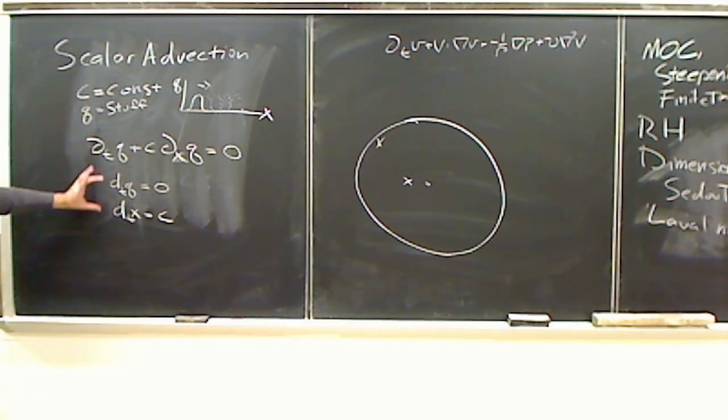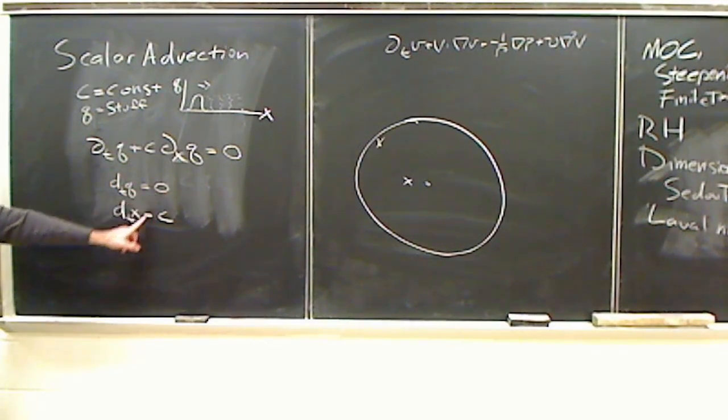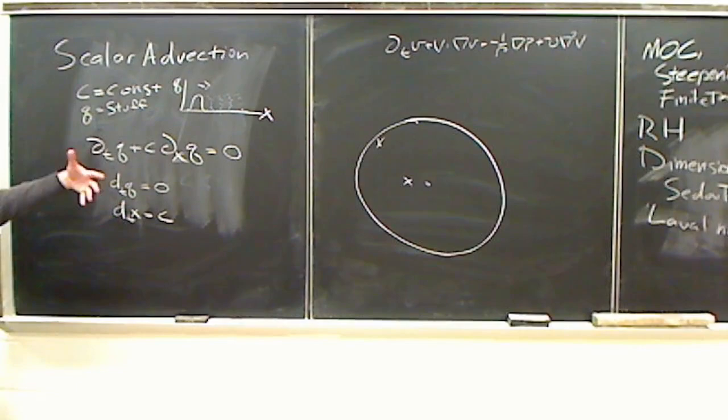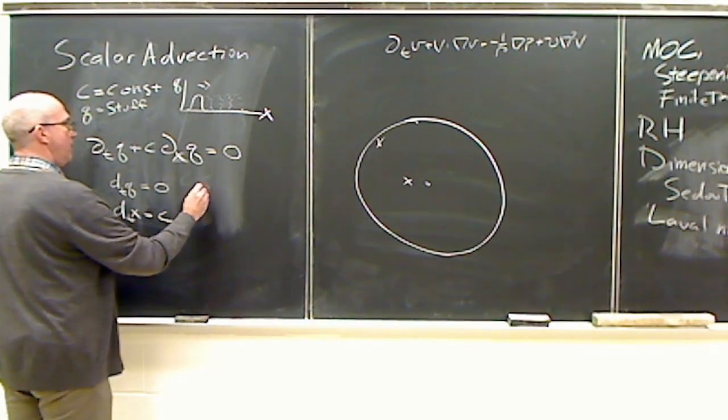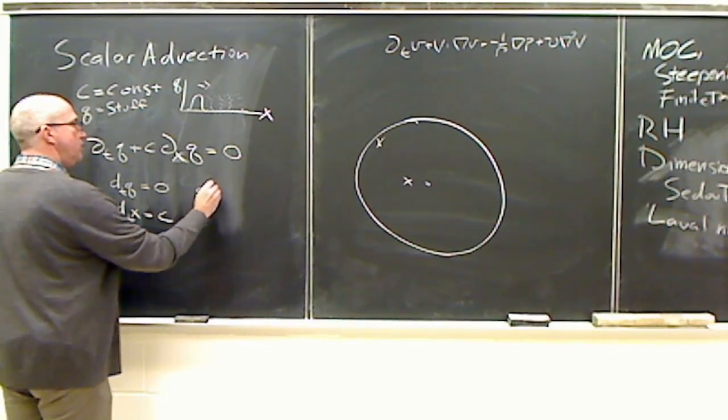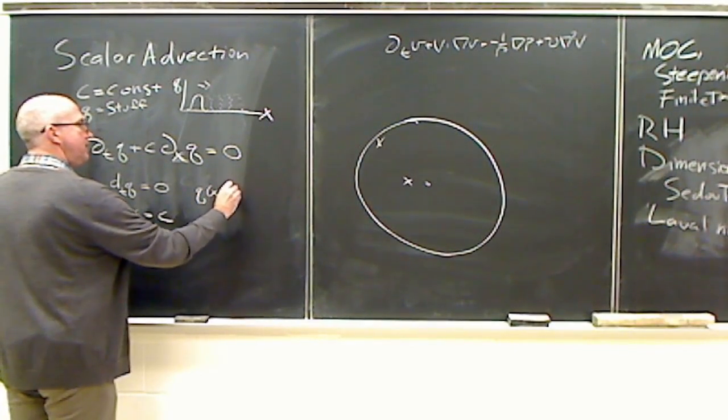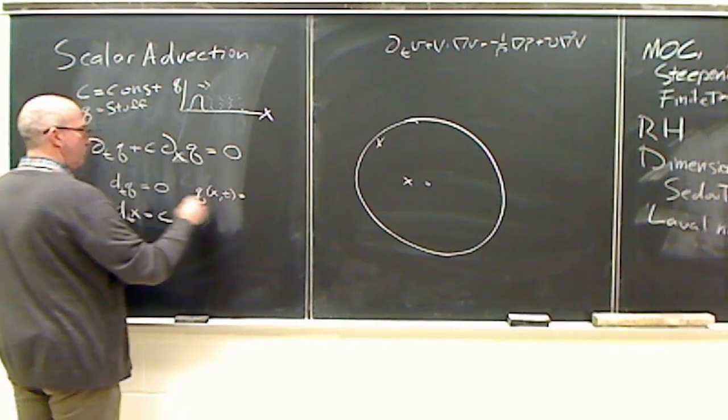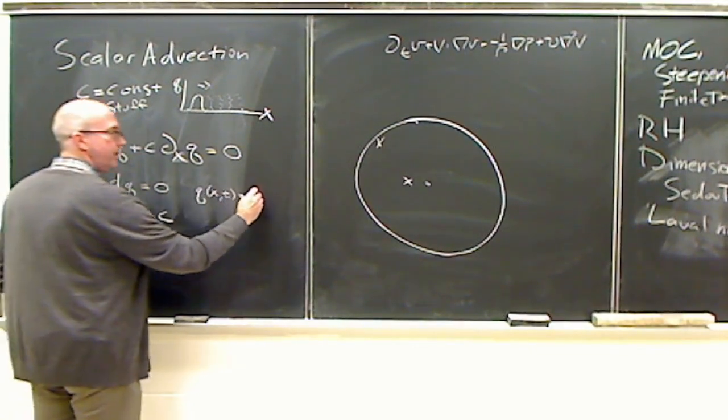So we just undo this in chain rule, and we get the full derivative of q with time is equal to 0, and the full derivative of x with time is equal to c. So this is now two ordinary differential equations that I can solve, right? This is the full time derivative, so I can just integrate. I integrate with time, and I'm left with q of x and t equals, well, I just integrate 0. I just get my integration constant.